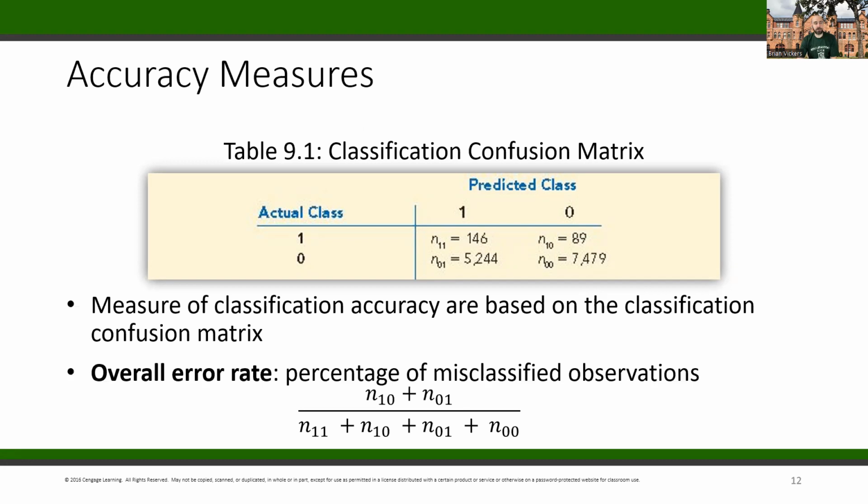And it was accurate 7,479 times. It was predicted 0 and it actually was 0, right? So there's definitely something not great about this model because it's not classifying well. Ideally, we would like to see this bottom right number be high and this top left number be high, right? So this one we want to be high because it's predicting 0 and it was 0. This one we want to be high because it's predicting 1 and it was 1.